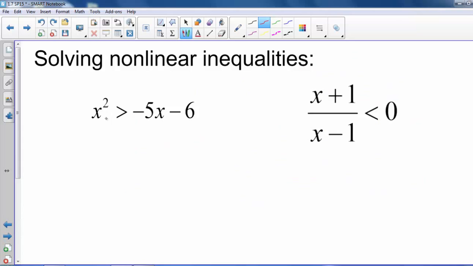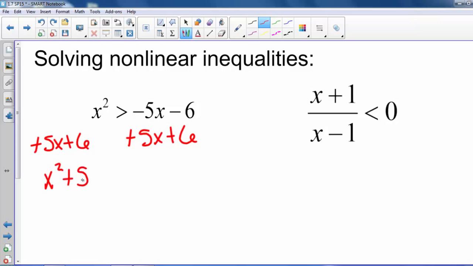So in the case of x squared is greater than -5x minus 6, our idea is to get this as numbers being multiplied together and then a 0 on the other side. So first let's get 0 on one side. So let's add 5x plus 6 to each side, so that we get x squared plus 5x plus 6 is greater than 0.